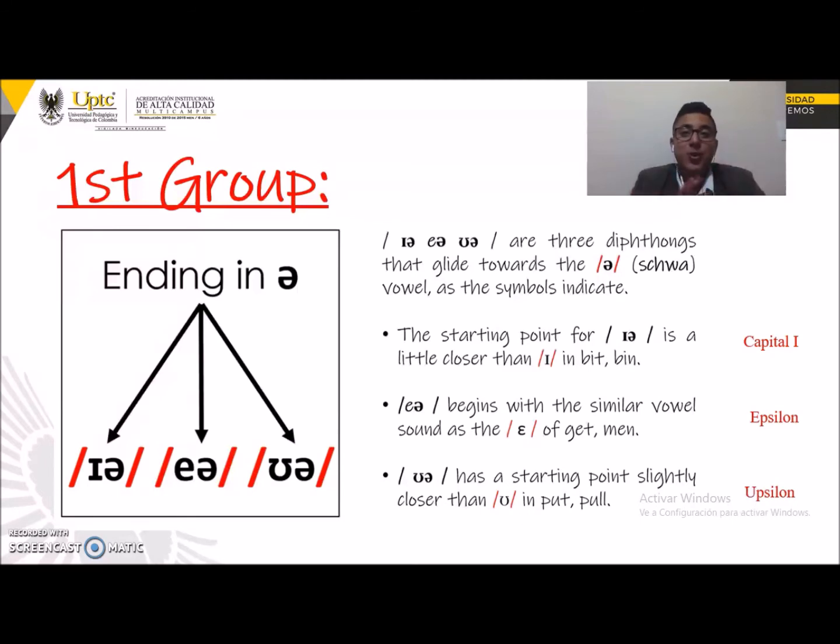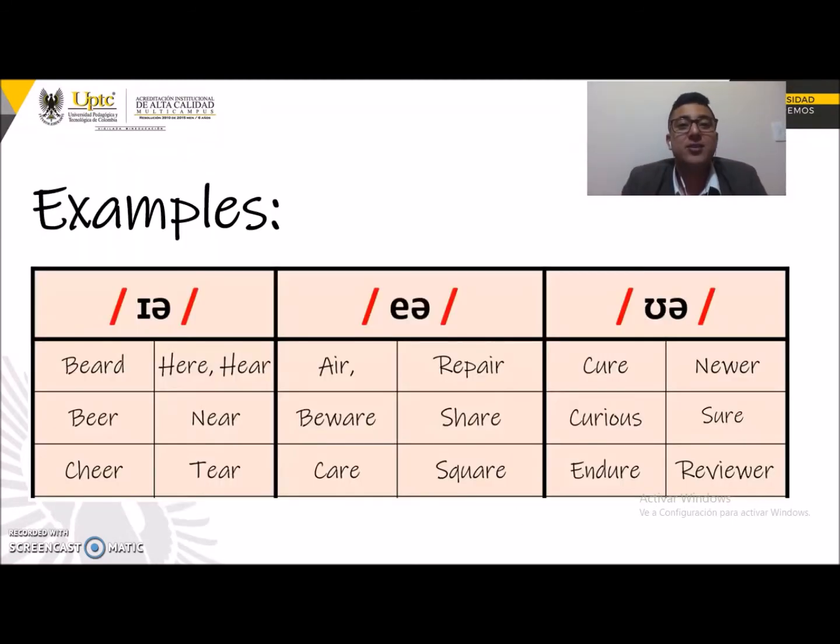Alright, but that's what theory says. Now I'm going to read each one of the examples for you to listen to, learn how they are pronounced, and practice at home.